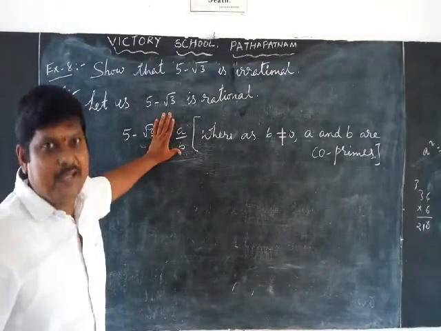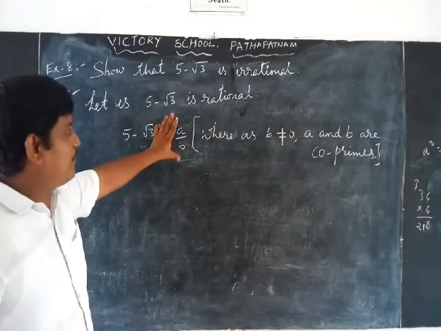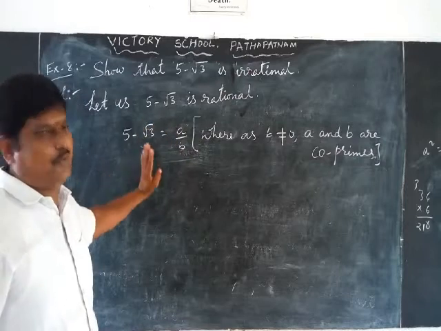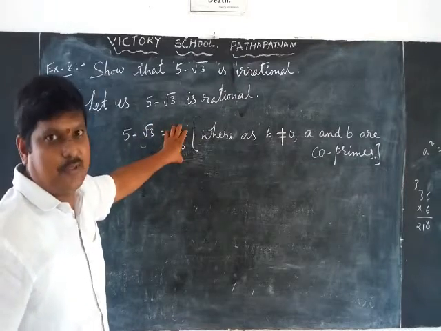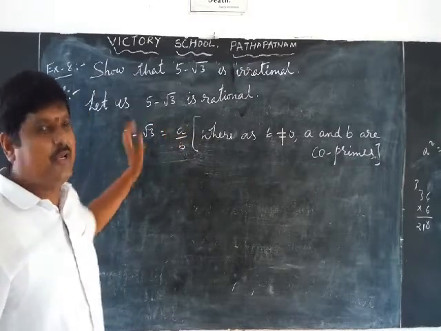So a by b is in the form of p by q. This is a rational number. This is the definition of the rational number.